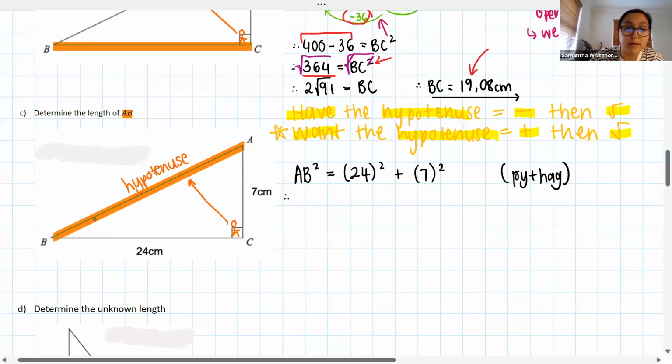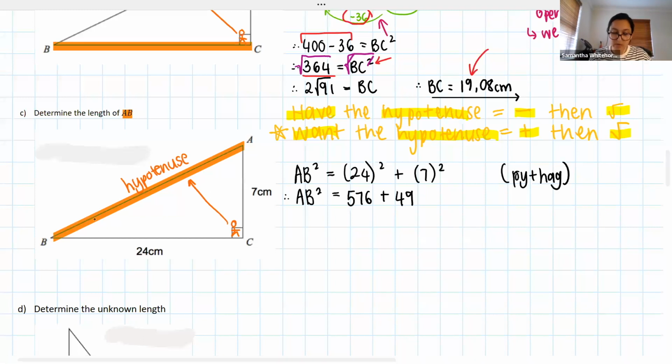All right, but AB squared is then equal to 576 because 24 squared is 576. Plus 7 squared, which is 49. When you add those two values together, you get 625.